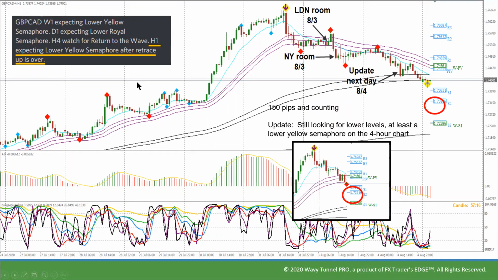Then the next day, in the London time frame on 8/4, he says, still after making 150 pips and counting, still looking for lower levels, very confidently, just based on the setup. And he's very humble: at least a lower yellow semaphore on the 4-hour chart.